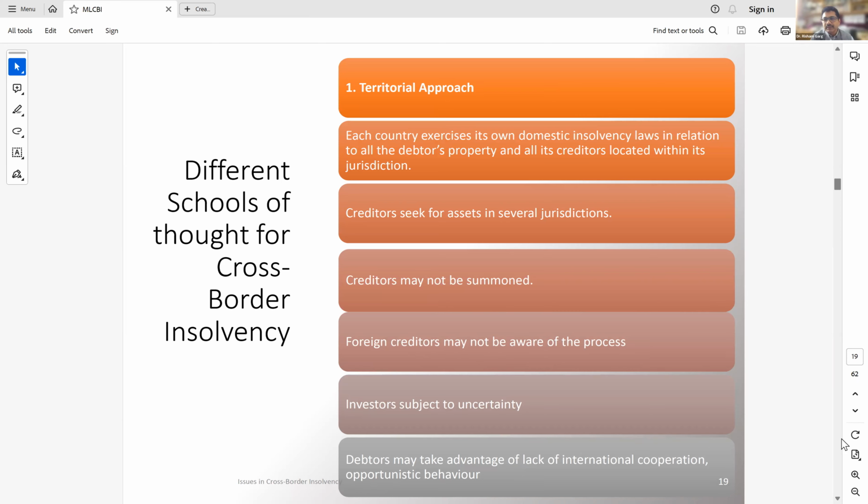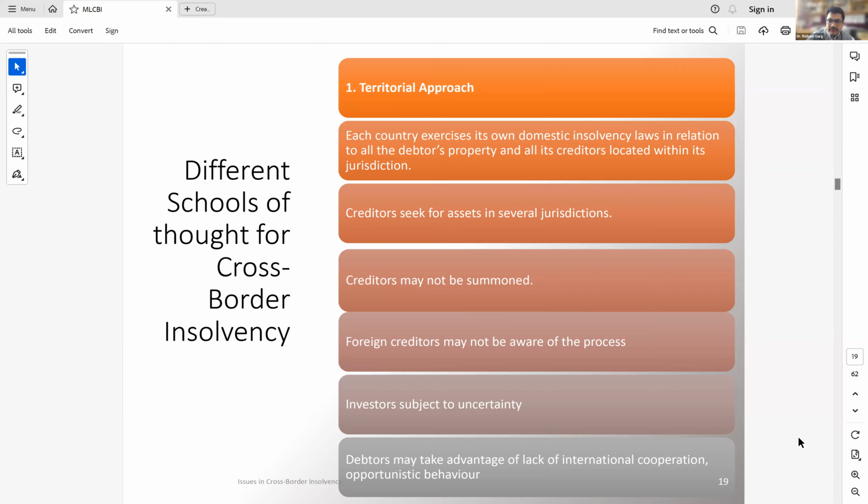Now there are these approaches, which we understand as a territorialist approach, where a country would exercise its domestic insolvency law, and usually the domestic creditors are given a priority in realizing the assets within its jurisdiction.